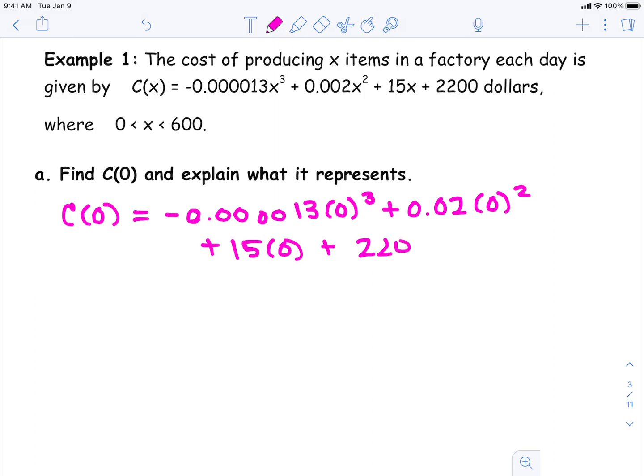And what we're left with is just the 2200. So what does that mean in regards to our application problem?